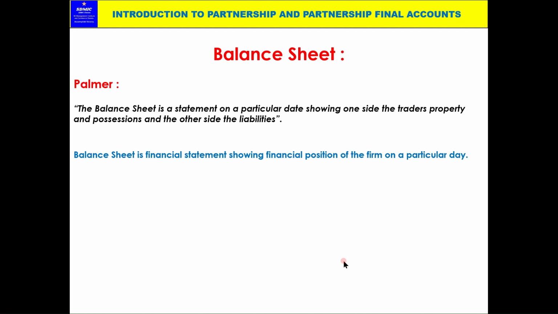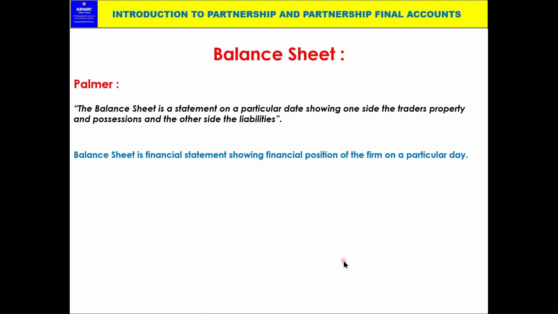Now, a balance sheet is a financial statement showing the financial position of the firm on a particular day. Any day, it is not necessary to be a specific one. Whereas we learned that the profit and loss account is prepared for a period. If it is for a month, from 1st to 30th or 31st; if it is 3 months, it should be mentioned for 3 months from 1st April to 30th June. If it is 6 months, 1st April to 30th September.